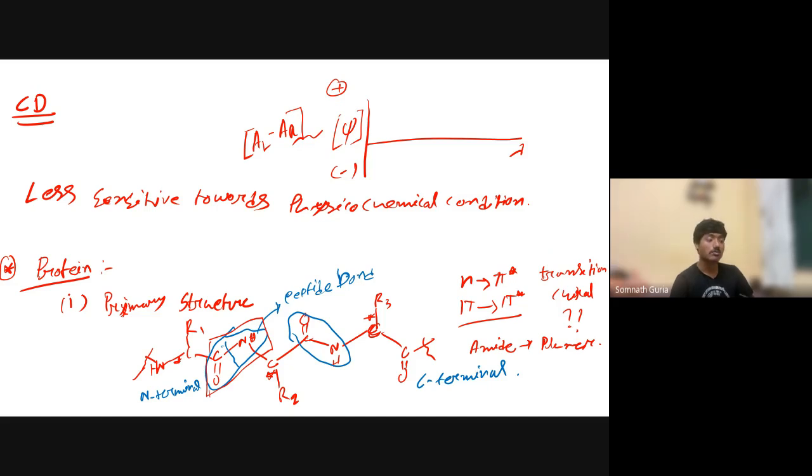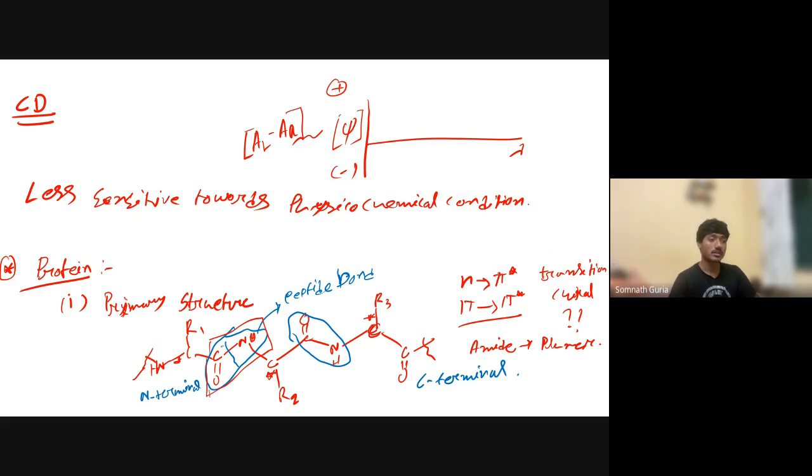The answer is yes, there is a chance of inducing chirality. The alpha carbon of the amino acids, which is chiral, actually induces some chirality into this amide bond.